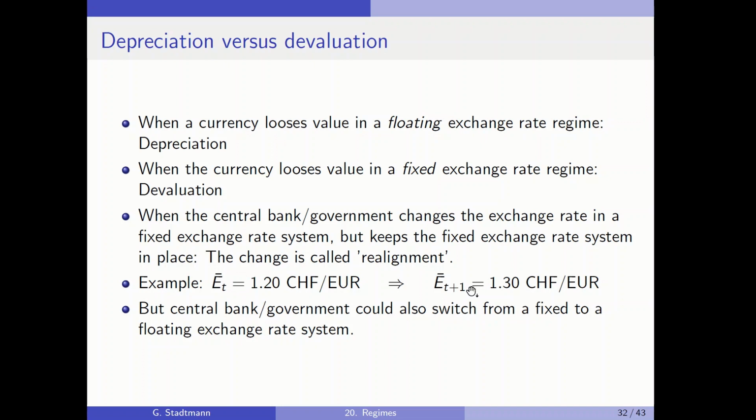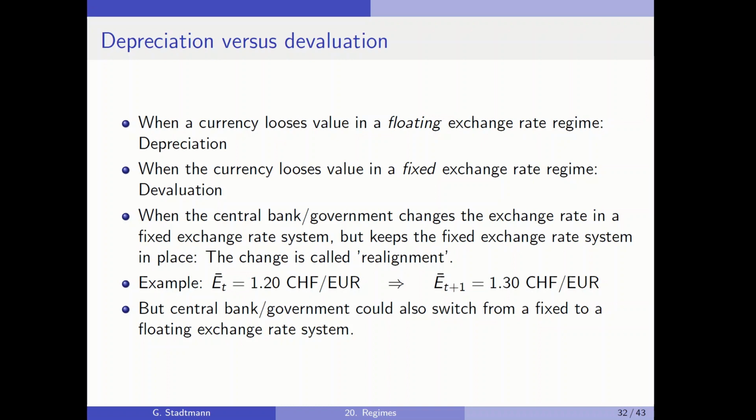Then we call this movement a devaluation and also a realignment. But of course, one option is always that the central bank or the government could switch from a fixed to a floating exchange rate system. This is also always an option.